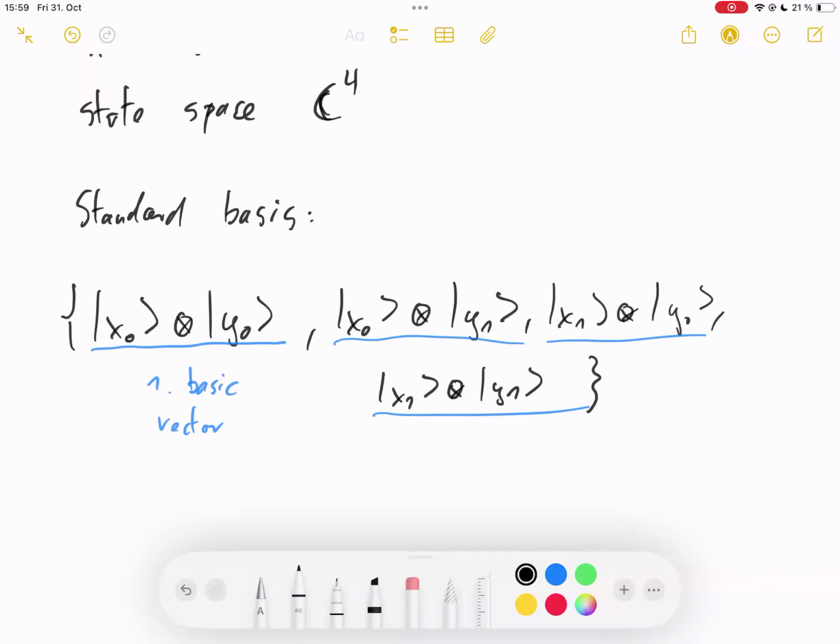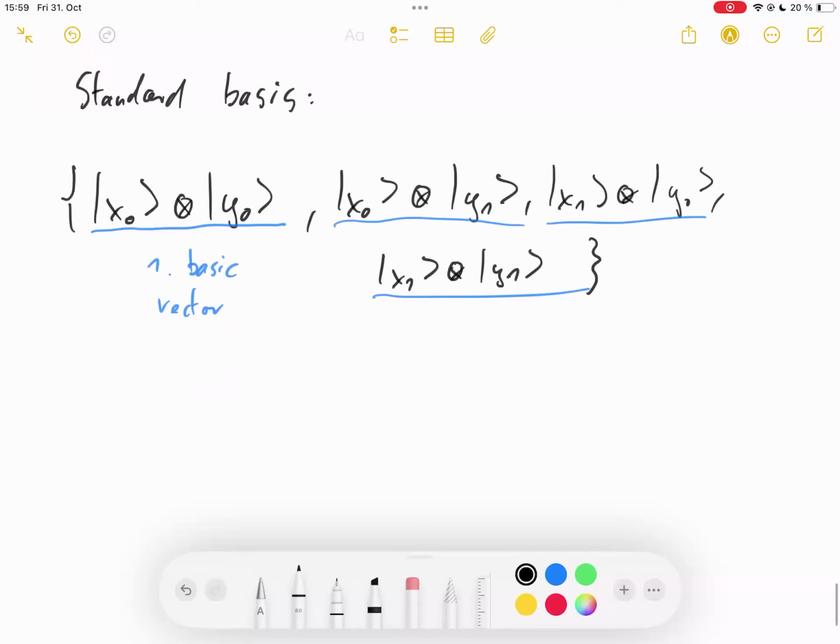And we can generalize this for 2 systems.